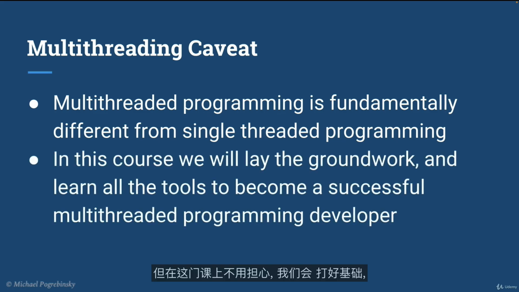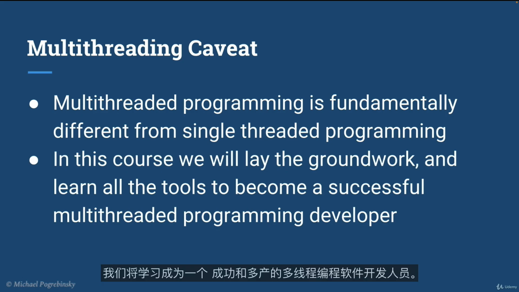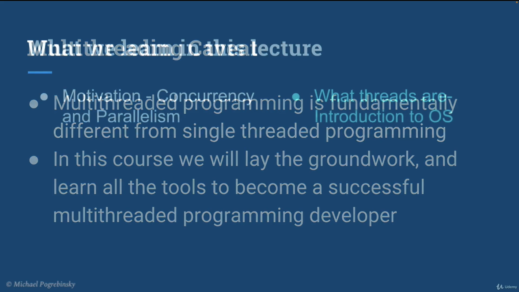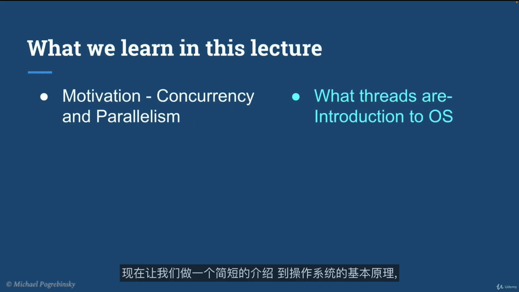But no worries, in this course we will lay the groundwork and learn all the tools necessary to become a successful and productive multi-threaded programming software developer, and you will be able to write highly performant and responsive applications.